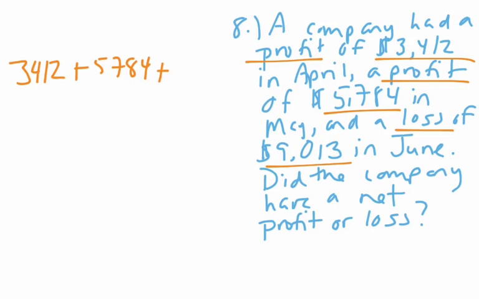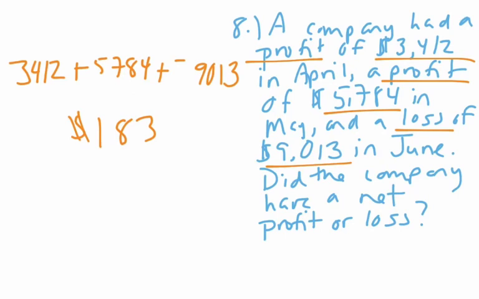And so a loss means that we're going to be adding in a negative in there. And so that would be a negative. So the first two were positive, and the last one was negative. So probably you want to grab a calculator for this. And I ended up with $183.